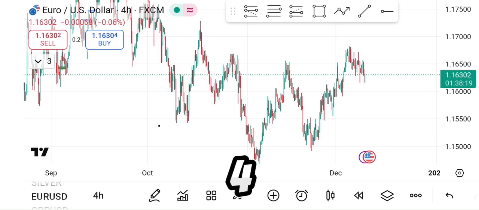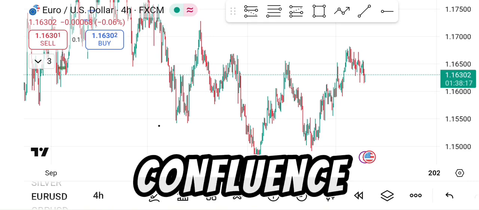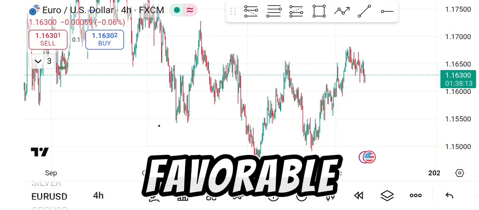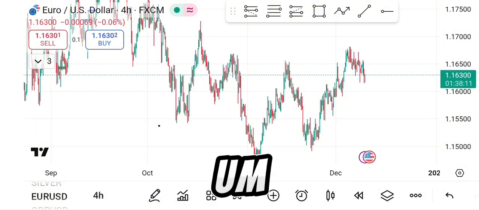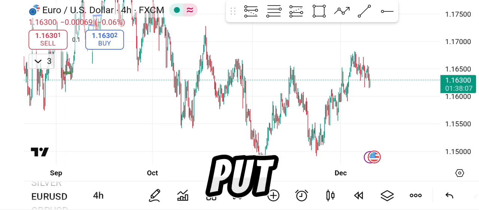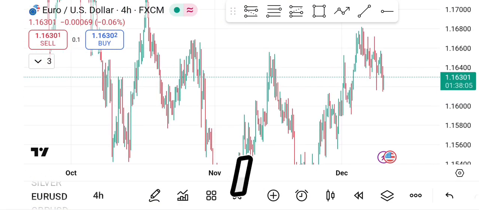So on the 4-hour time frame, I started looking for my confluence, maybe a fair value gap, another block. I started searching for where to put my setups, my POIs. I started looking for everything.